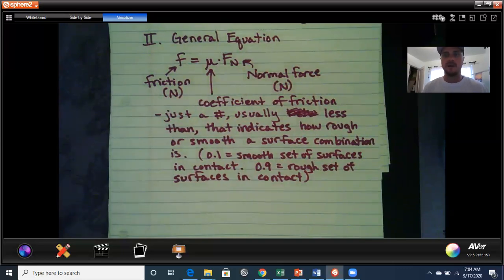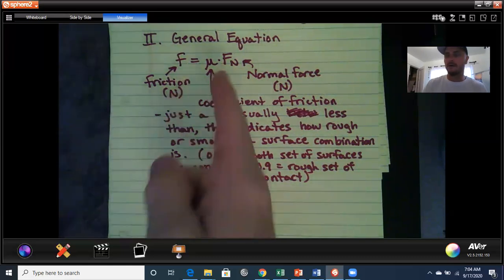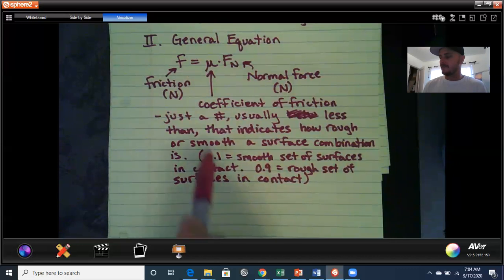How about rubber and concrete for shoes, walking on concrete? Absolutely, we would want to know that coefficient of friction. How about sandpaper on your face? Not such an important coefficient of friction, but it exists. We could find any coefficient of friction between any two surfaces in contact. Let's see if I left anything out.